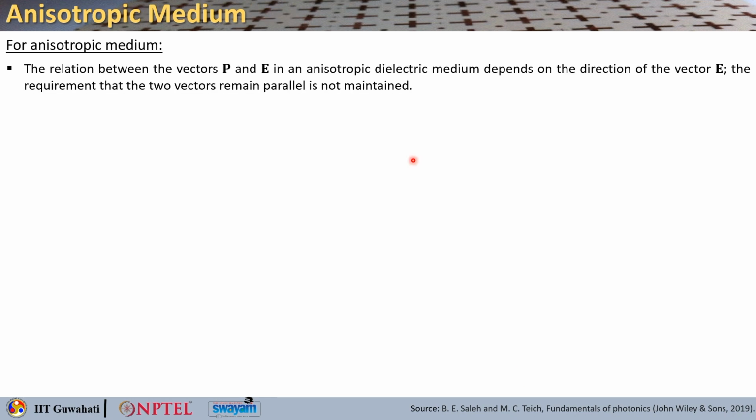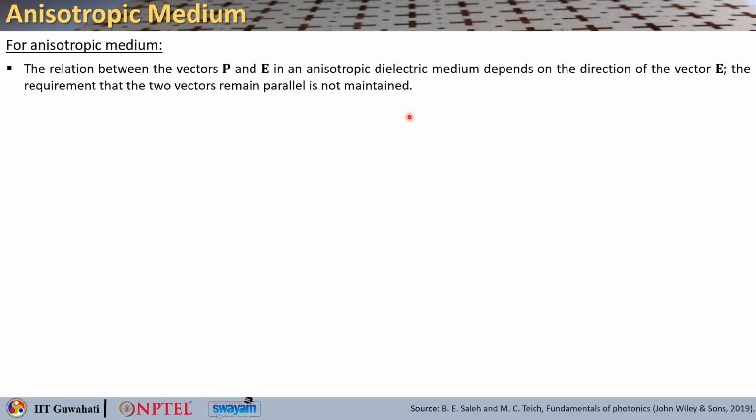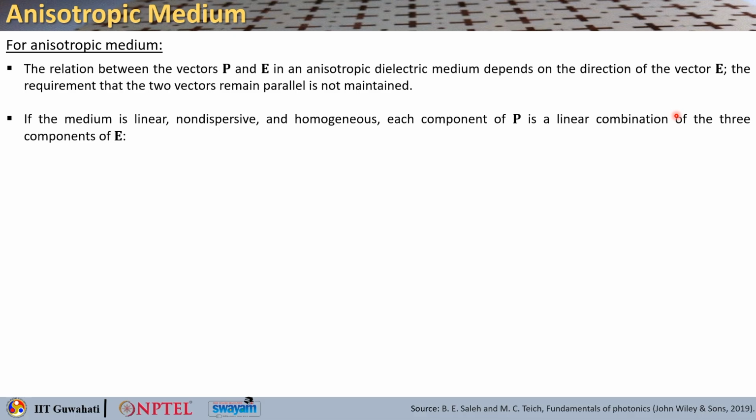Next, for an anisotropic medium, the relationship between the vectors P and E depends on the direction of the electric field. In an isotropic medium the two vectors are parallel, but here they are not parallel.